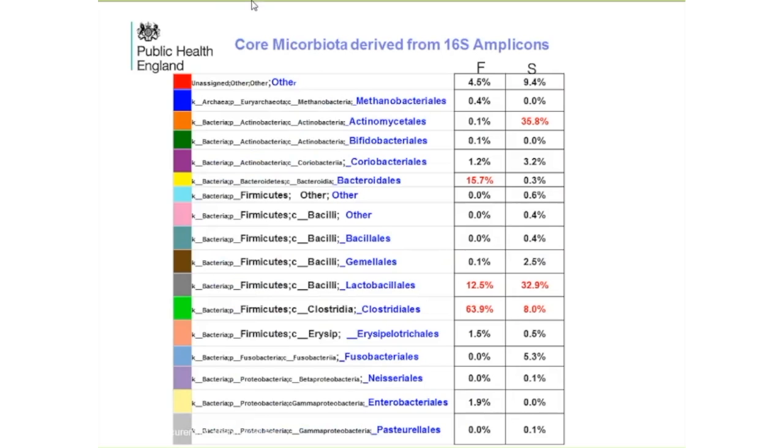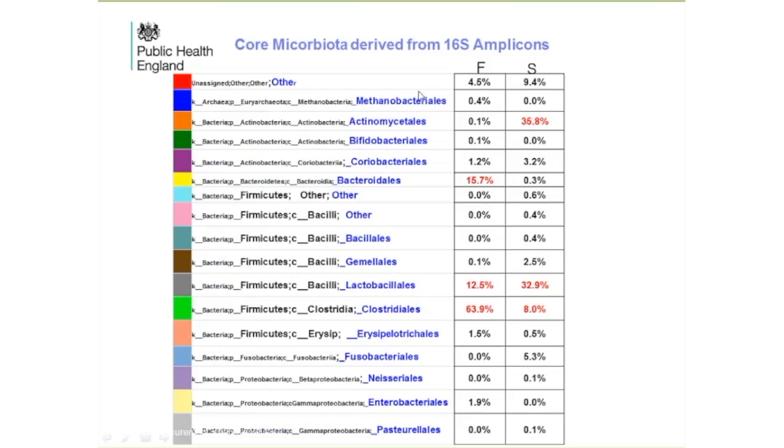We said, okay, can we look and define what is a core microbiota in these samples? And we have assigned them to the various taxonomical groups. These are the Bacteroidetes, the Bacilli, the Fusobacteria, the Clostridia, and the Lactobacillus. These are fecal samples, so this is the average of the groups that we found derived from the fecal sample, and this is the average in the saliva.